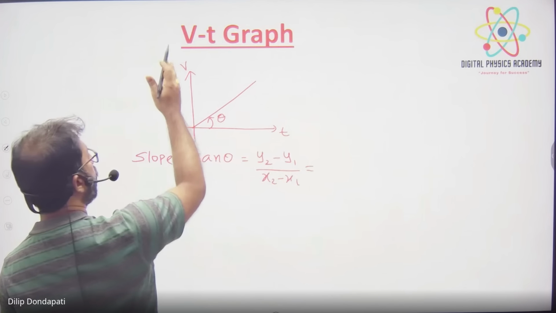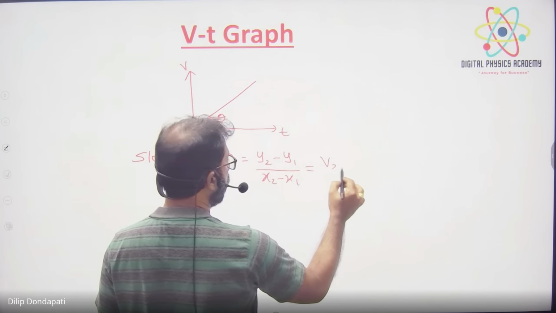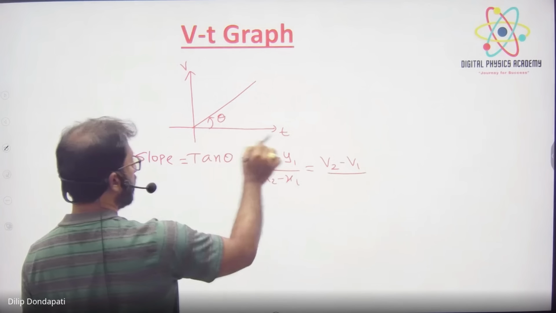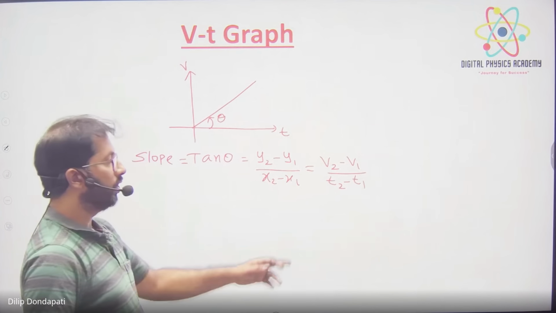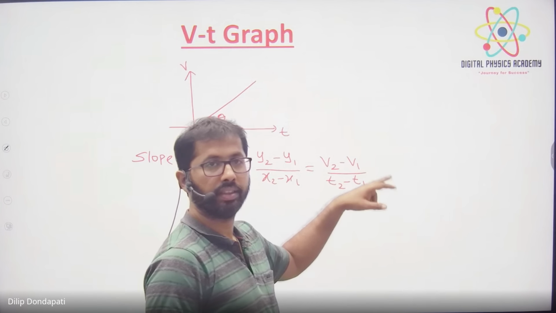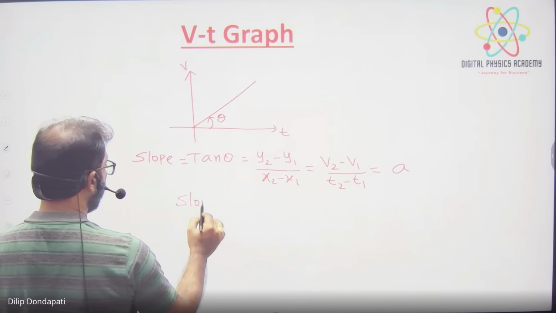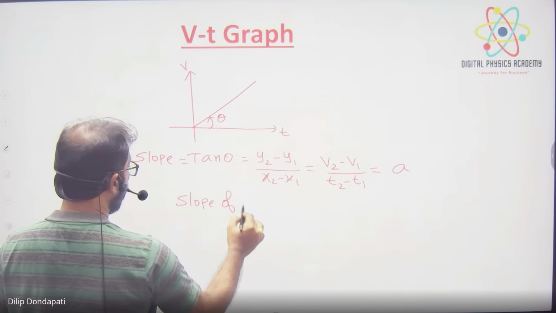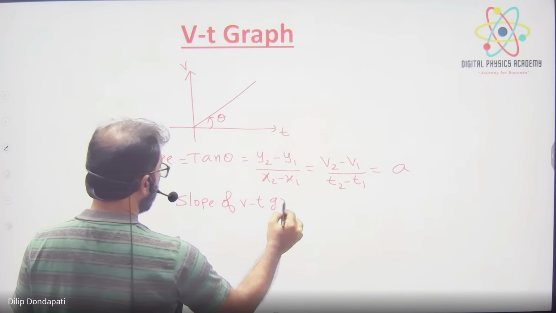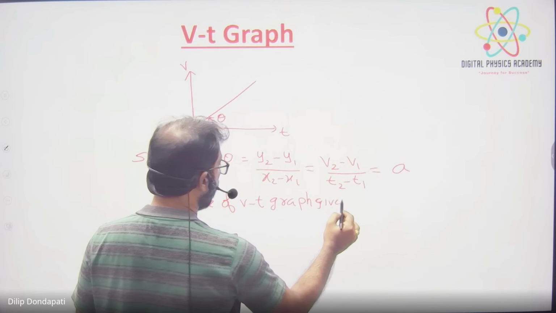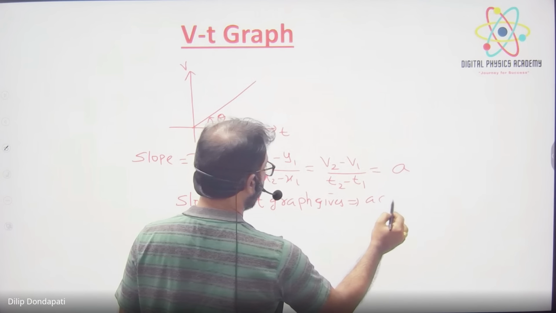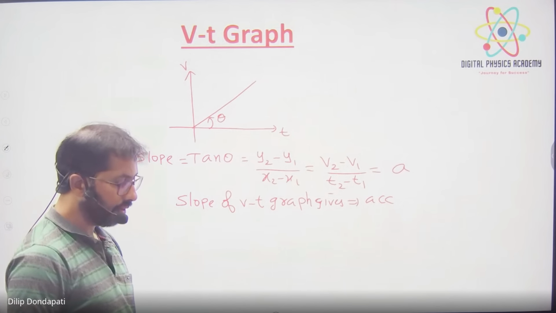On the y-axis there is velocity, so v2 minus v1, by the x-axis where time is there, t2 minus t1. Change in velocity by time is called what? Acceleration. So what can we conclude? The slope of the velocity time graph gives acceleration.